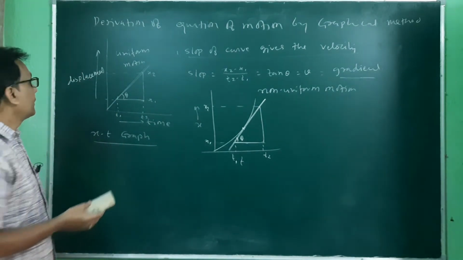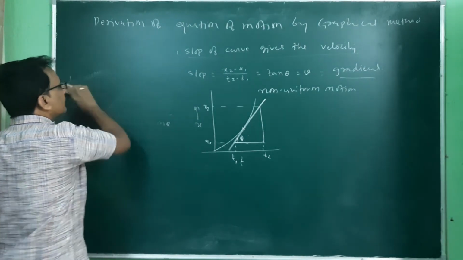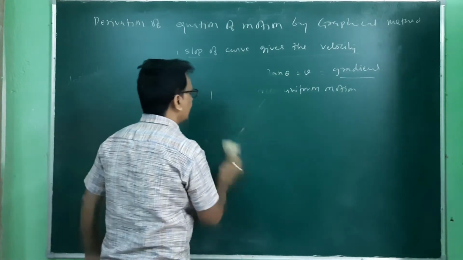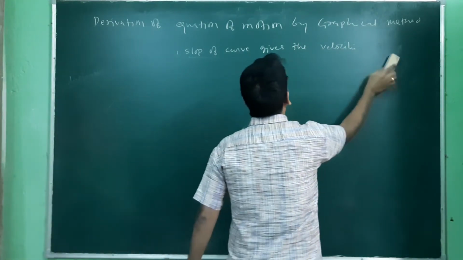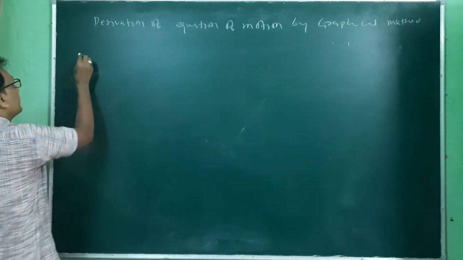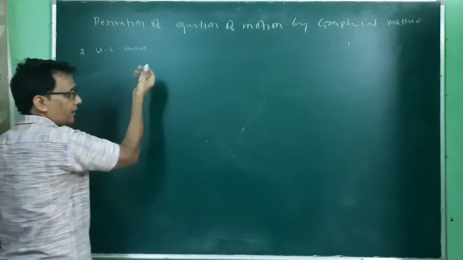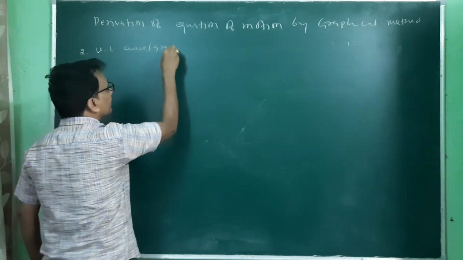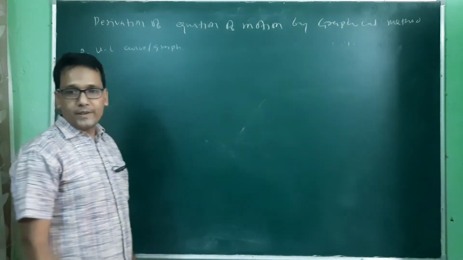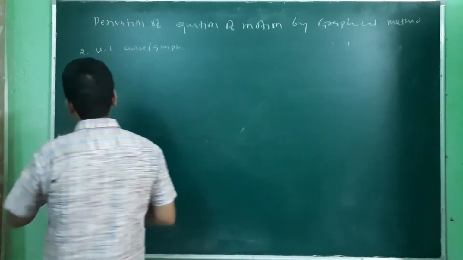Okay. Now the second curve. The second curve is the VT curve, or plot or graph, whatever is given: velocity or speed with time.